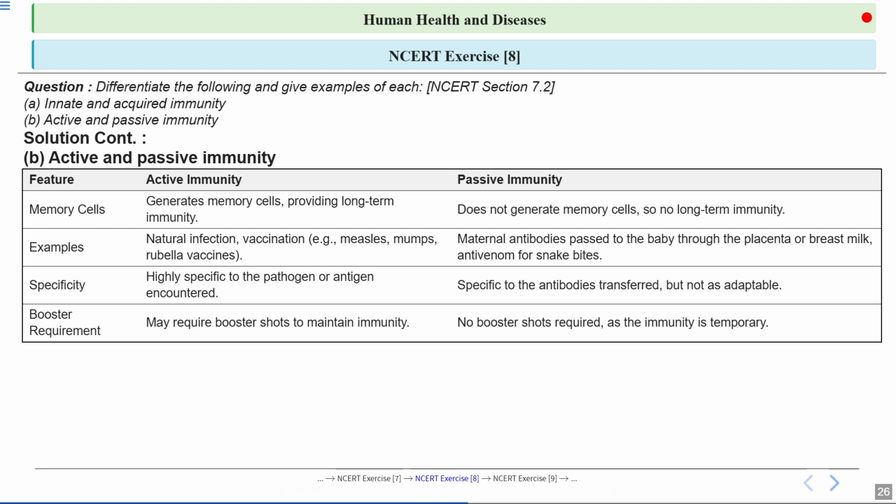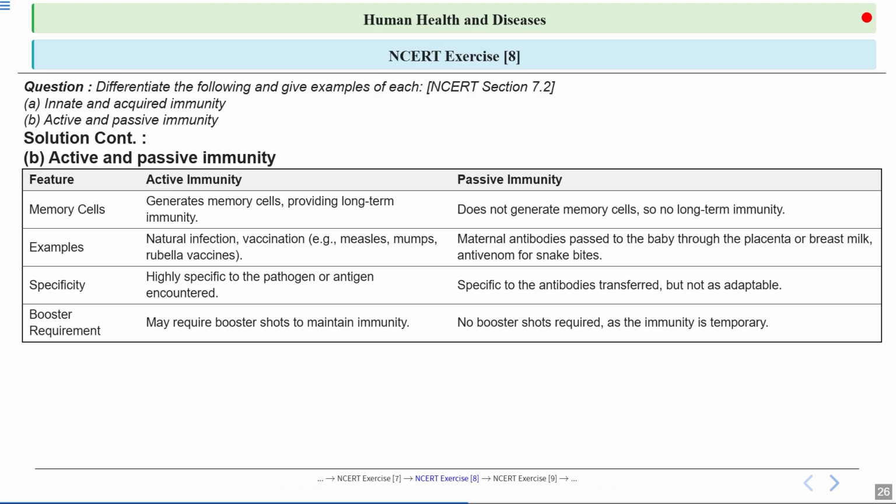Then passive immunity examples: antibodies transferred through the mother, from the placenta or during breastfeeding, and antivenom for snake bites. These also contain antibodies against snake venom.